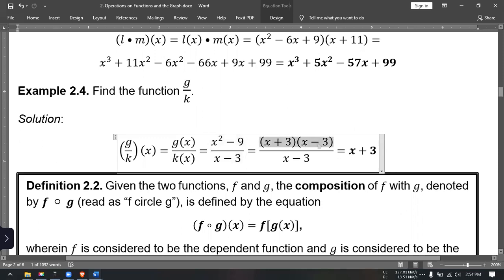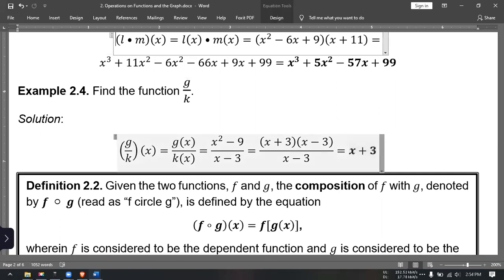We can clearly see that the common factor between our numerator and denominator is x minus 3, which we can cancel. X minus 3 over x minus 3 is 1. And any number multiplied by 1 is the number itself, x plus 3. Okay. So, ganun lang yung operations natin.